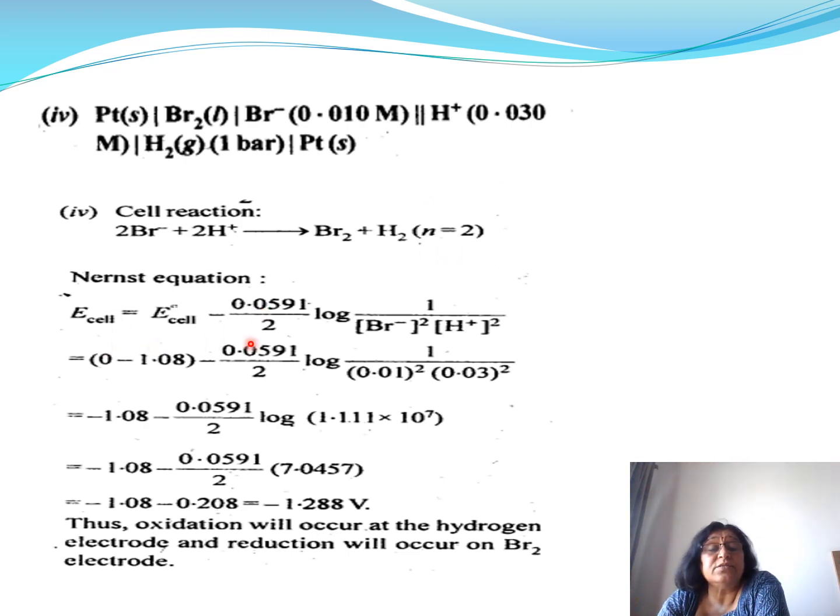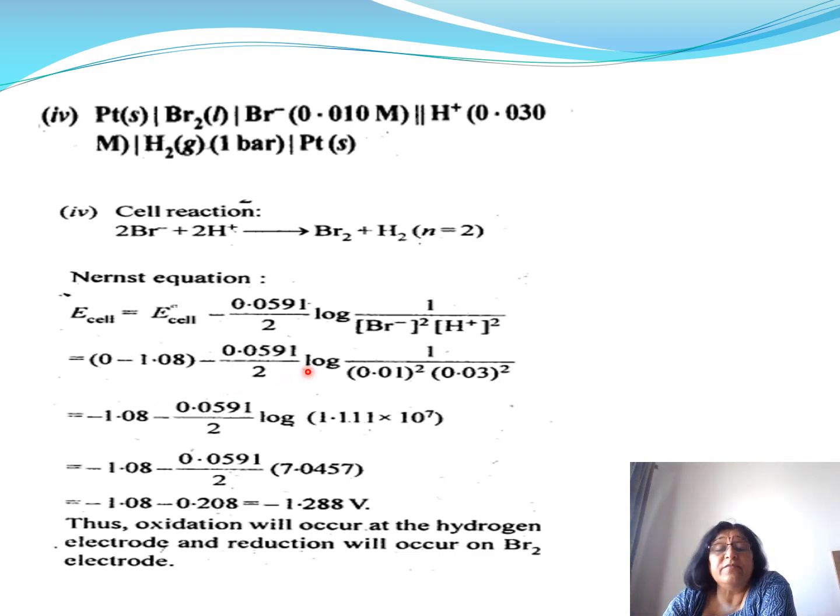E cell equals E naught cell minus 0.059 upon 2 log of, for bromine and hydrogen in the standard state, the concentration is unity, then Br minus squared upon H+ squared. E naught cell is 0 minus 1.08, cathode minus anode. The cathode is the hydrogen electrode, so 0, and the bromine electrode is 1.08. Okay.